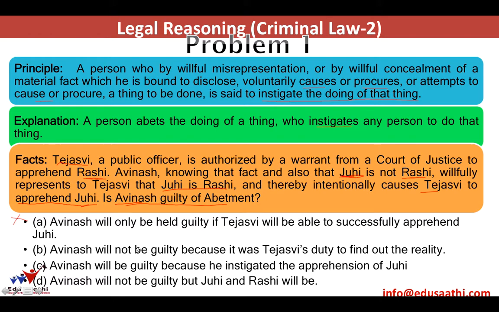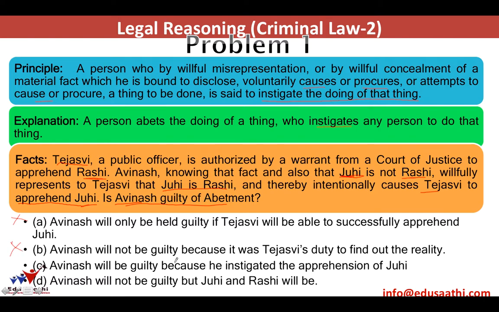B. Avinash will not be guilty because it was Tejasvi's duty to find out the reality. Yes, it was the duty of the person who had come as a public officer, but in this case Avinash actually instigated her and caused her to believe that she was apprehending the right person. So this is not the answer.